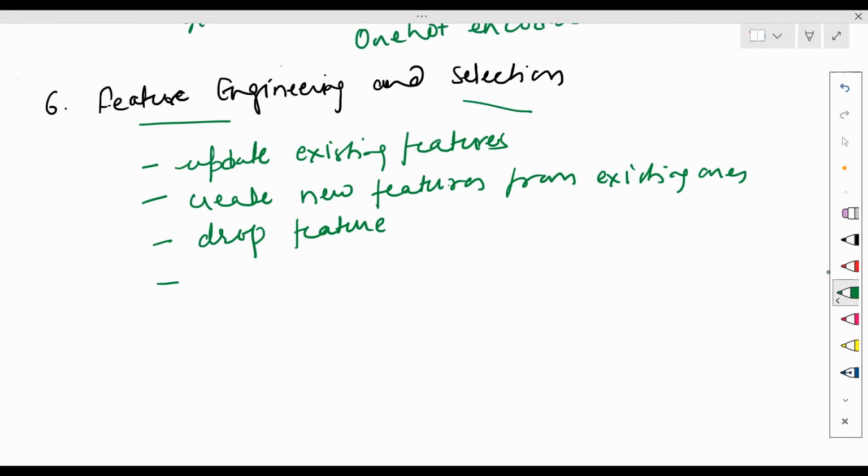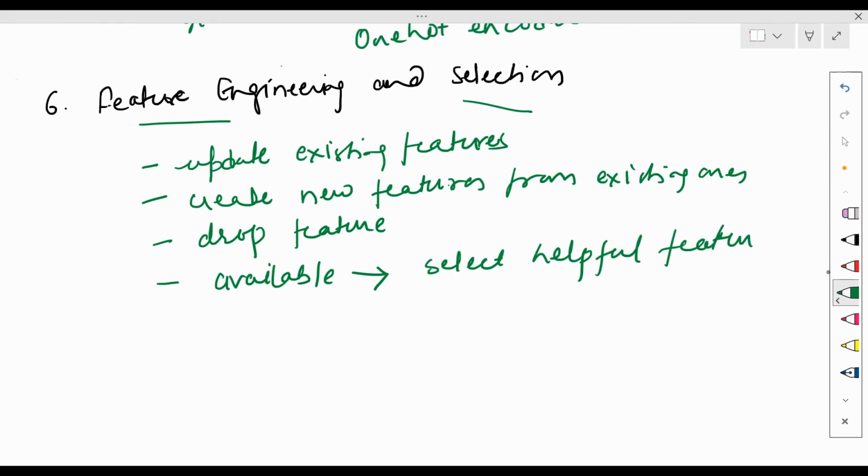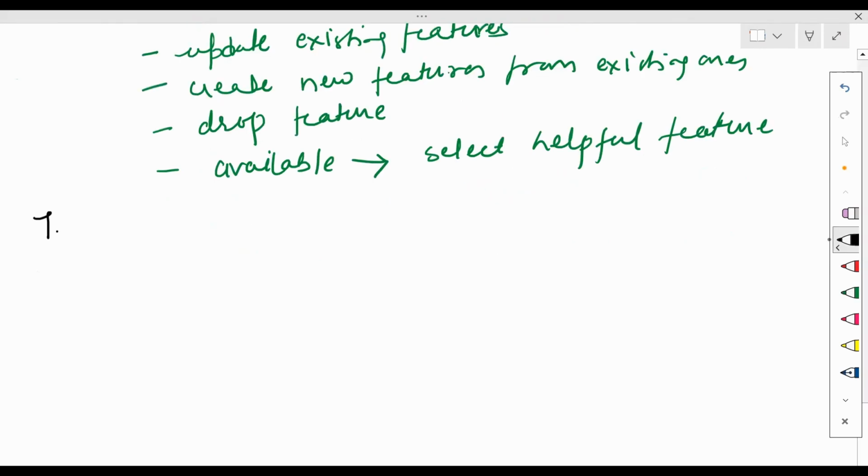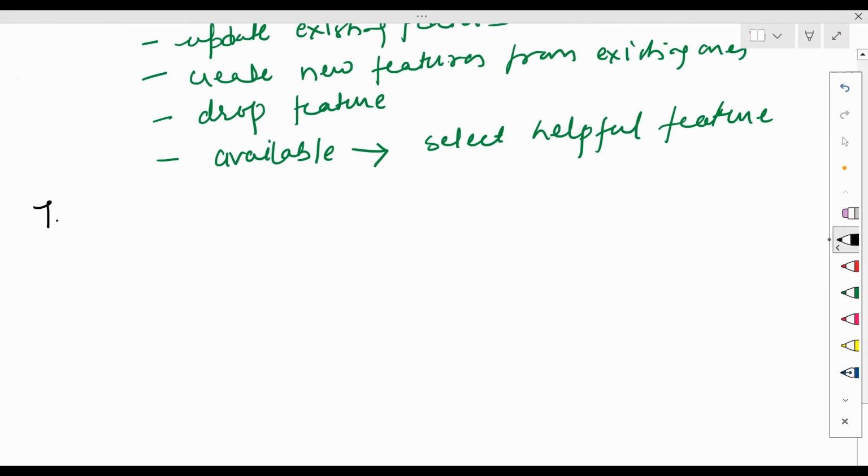And then from all the features that are available to us, we need to find out which features are helpful and select those features. Having not helpful features in training data will only lead to malfunctioning of the model.